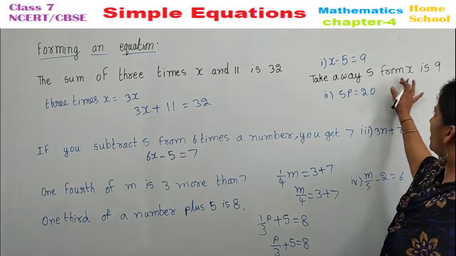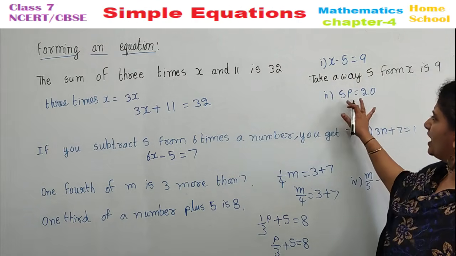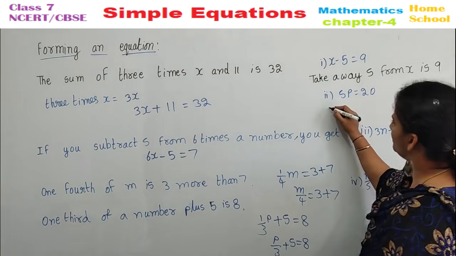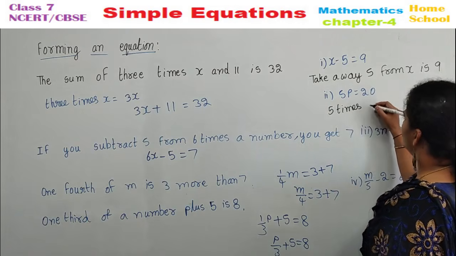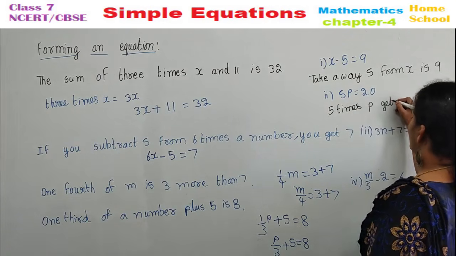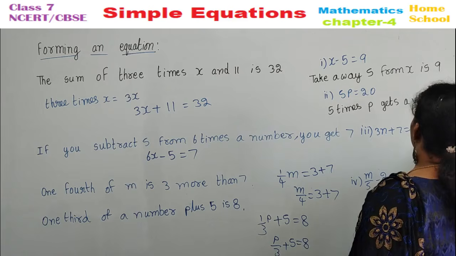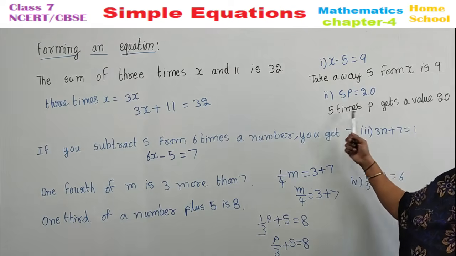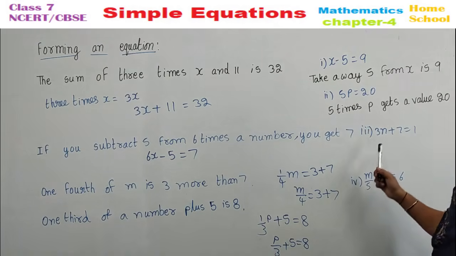Next one. 5p is equal to 20. 5 times p gets a value 20. 5 times means into, no? So I have written 5 times p.